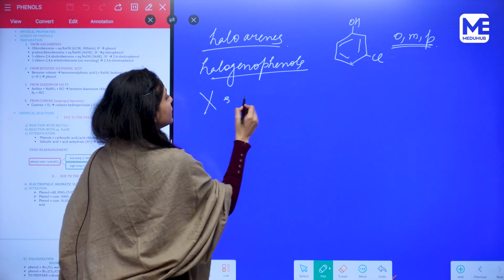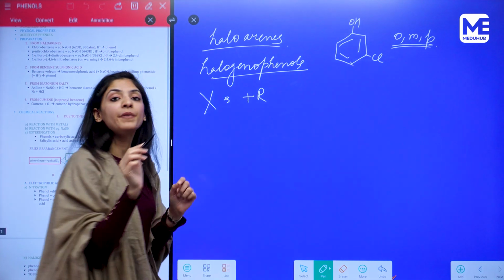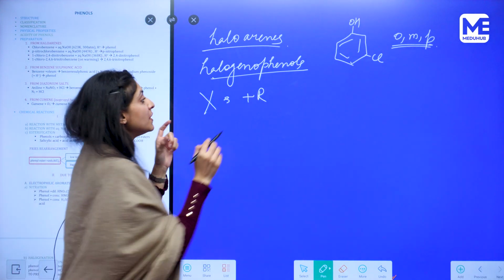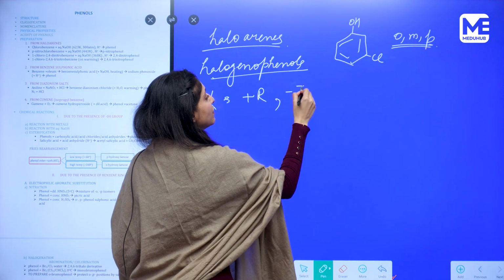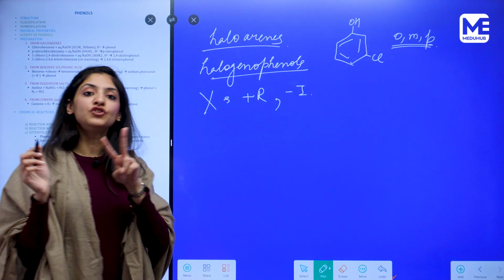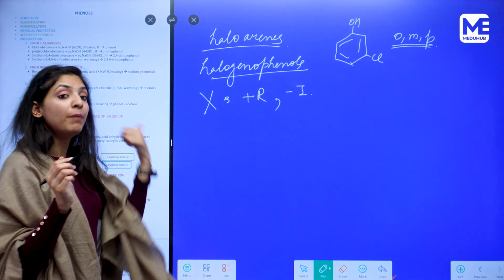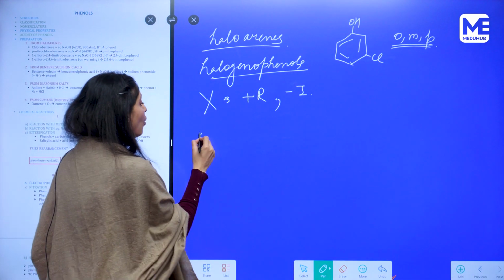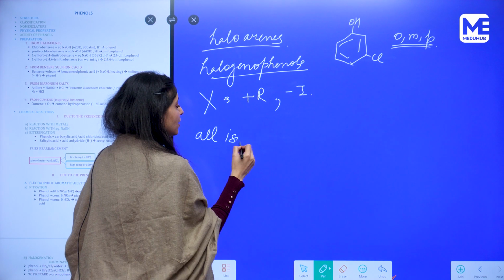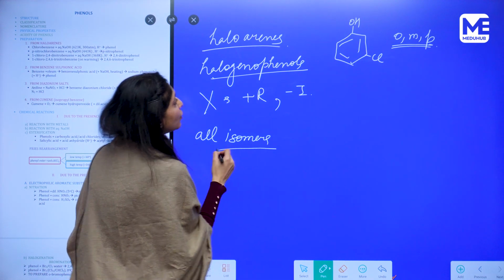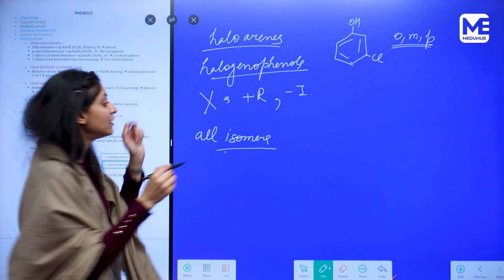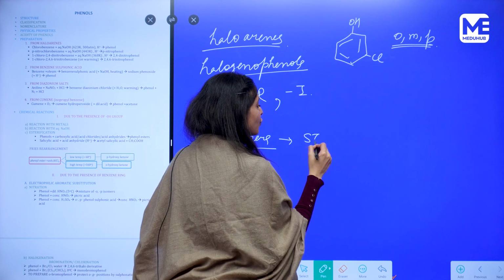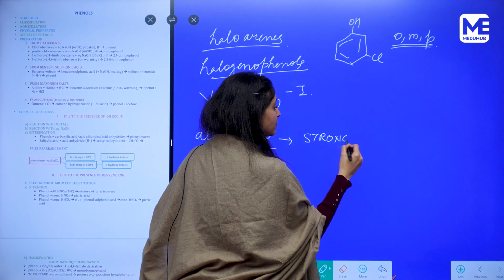Halogens have a plus R effect due to the lone pair of electrons on the halogen atom. Also, they're electronegative, so they have a minus I effect, just like the two examples we discussed earlier. But it has been found that all isomers of halogenophenols are stronger acids than phenol.